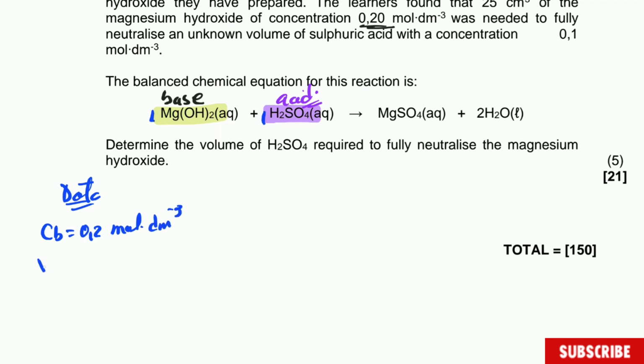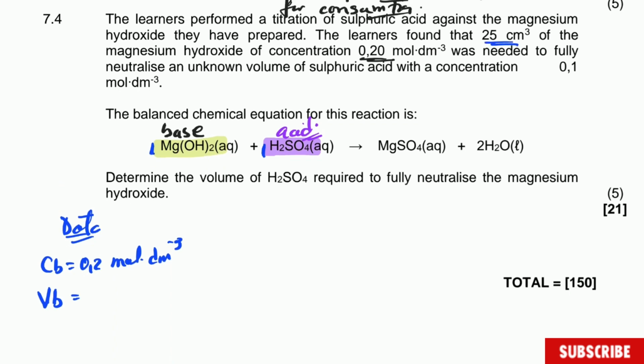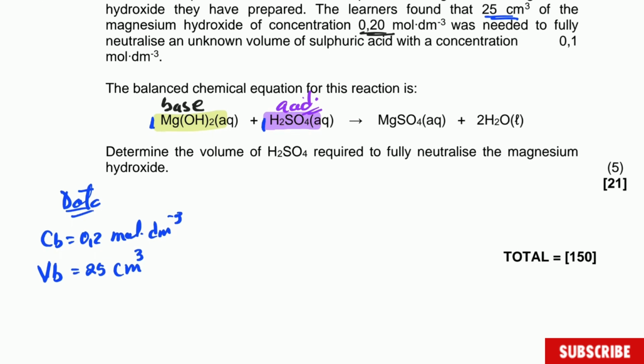We have the volume that was used of the base, which is 25 cubic centimeters. And remember I told you previously in other videos that for titration you do not have to convert if you're going to use the titration formula. Be careful, only if you're using the titration formula.